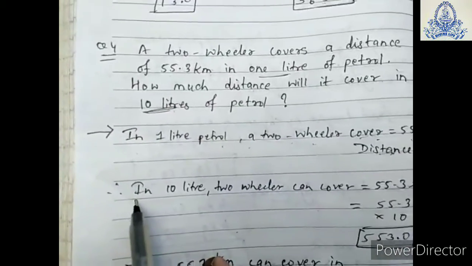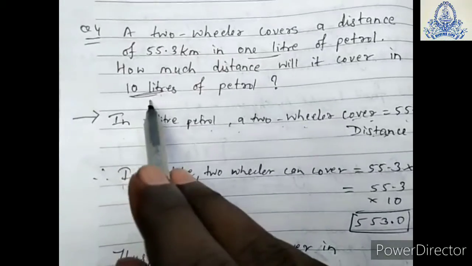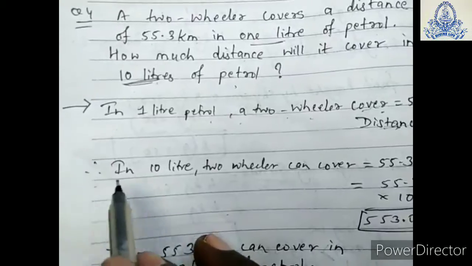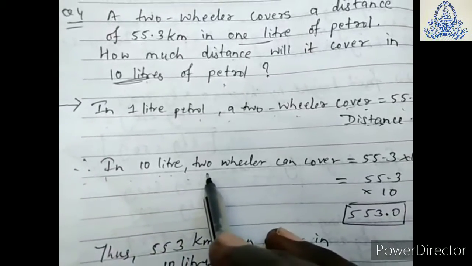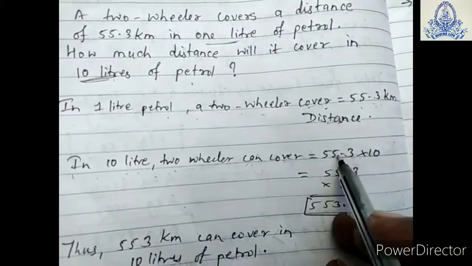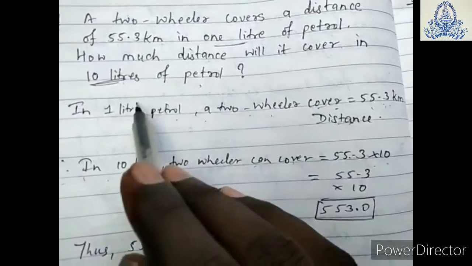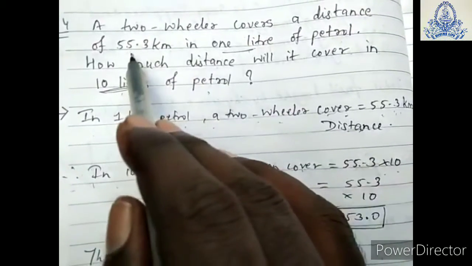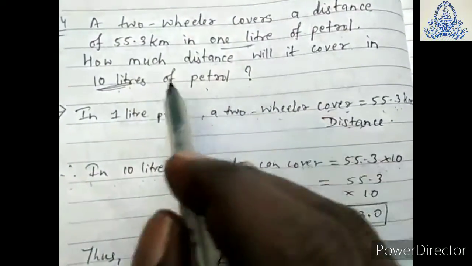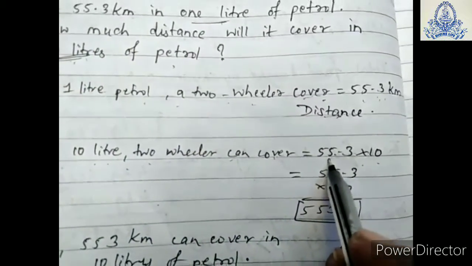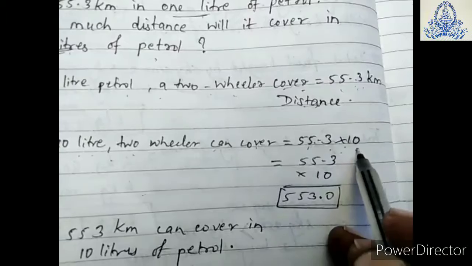Same way, if they are asking how far it can travel in 10 liters of petrol, the distance covered is 55.3 km multiplied by 10. We will multiply both. In 1 liter we can travel 55.3 km, therefore in 10 liters how much can we travel? So the formula is 55.3 multiplied by 10.